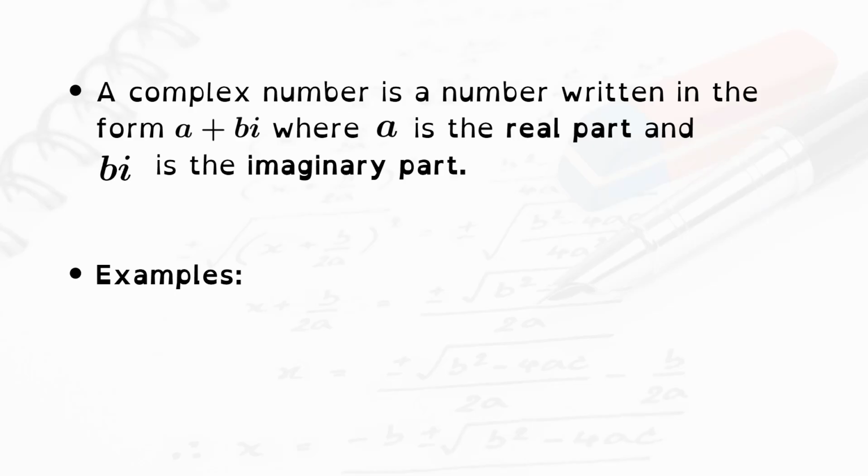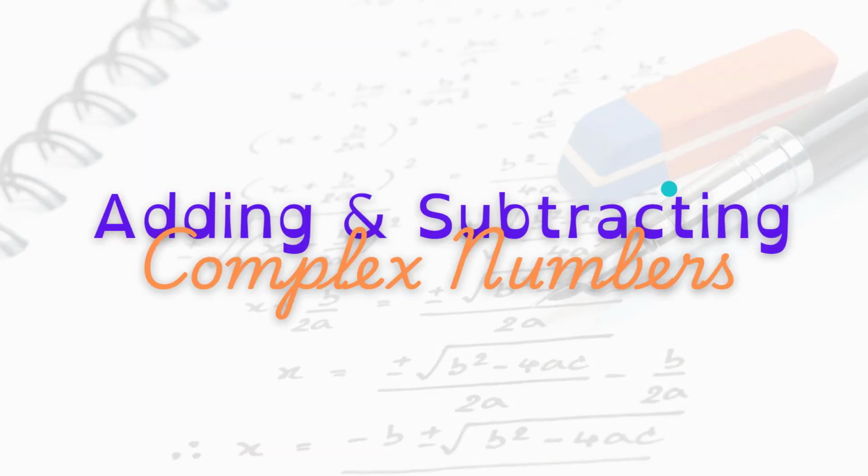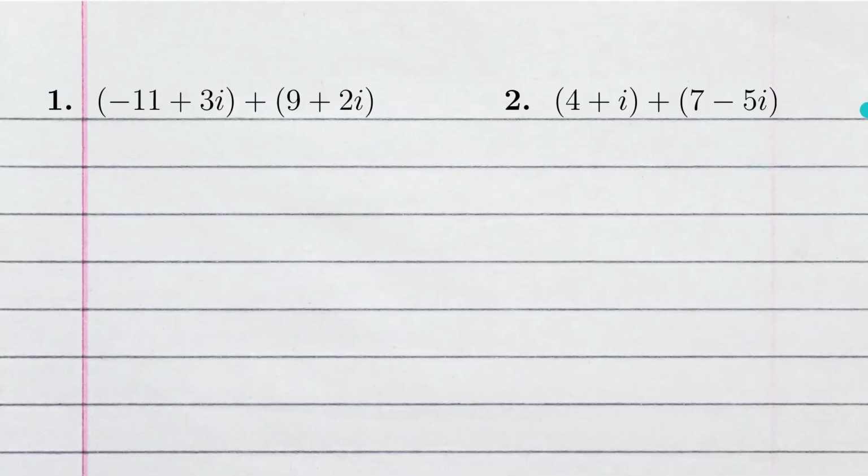And so when we're looking at working with it, we're going to first start with adding and subtracting complex numbers. And really this goes back to combining like terms. So you look to see what real parts can combine. Well, we have a negative 11 plus 9. And then we look at our imaginary parts, same idea.